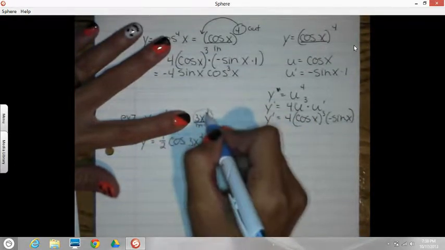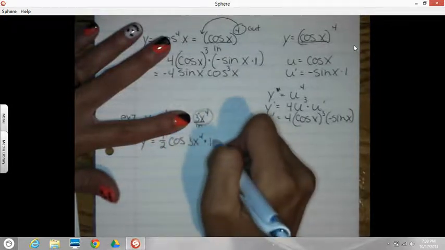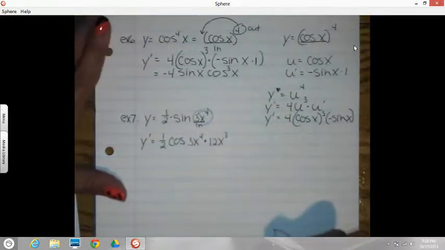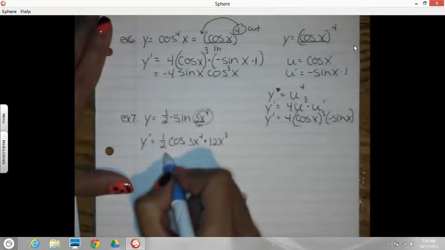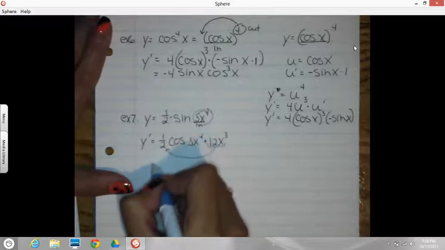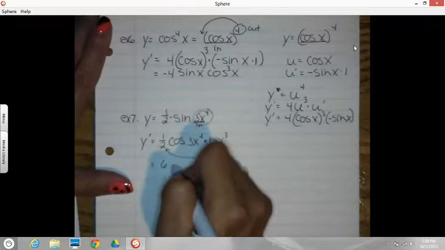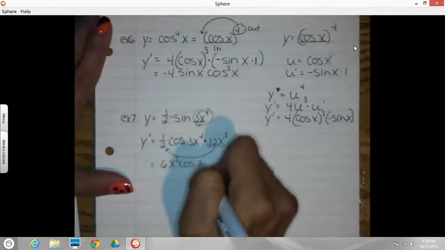Well, it's a little power rule. 4 gets multiplied by the 3 for 12, x to one less power. To not confuse that, these are multiplied, this 12x cubed is going to come to the front. And we just simplify. So 1/2 times 12 is 6x cubed cosine of 3x to the 4th.